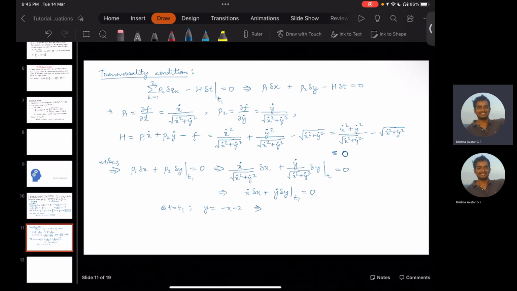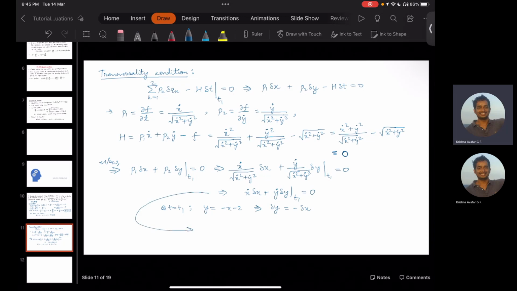So this implies that even the variations at t is equal to t1 will just have del y is equal to, we'll apply the variation operator, which is del here. So variation in y is equal to minus variation in x, and mind you that del of 2 is 0 because these are fixed numbers where no variations are possible, right? So this is the relation between del x and del y.